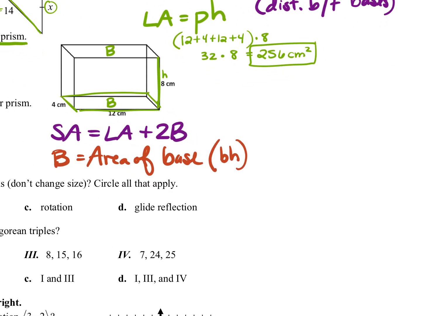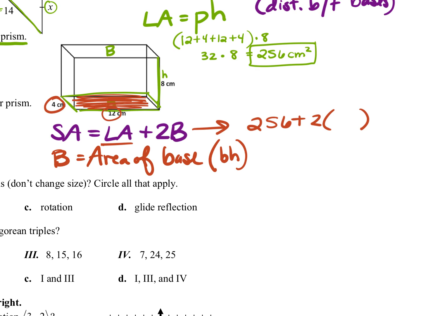All right, so then you come down to surface area. We already know the lateral area, that's 256, plus 2 times capital B. How do we find the area of this rectangle? Base times height, or 4 times 12. So capital B is 12 times 4, which is 48.